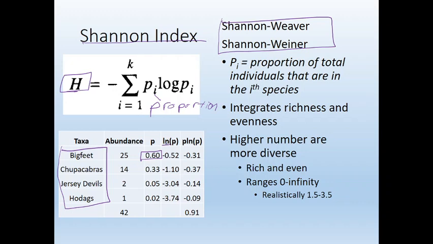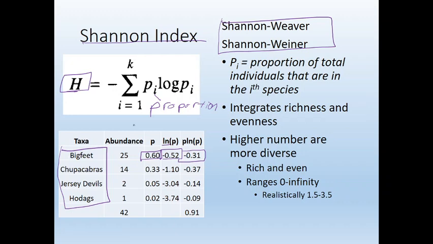So we get the logarithm of 0.6 equal to negative 0.52. Then if you take p times the ln of p, 0.6 times negative 0.52, you get negative 0.31. So this negative 0.31 is p log p for Bigfoot, right?